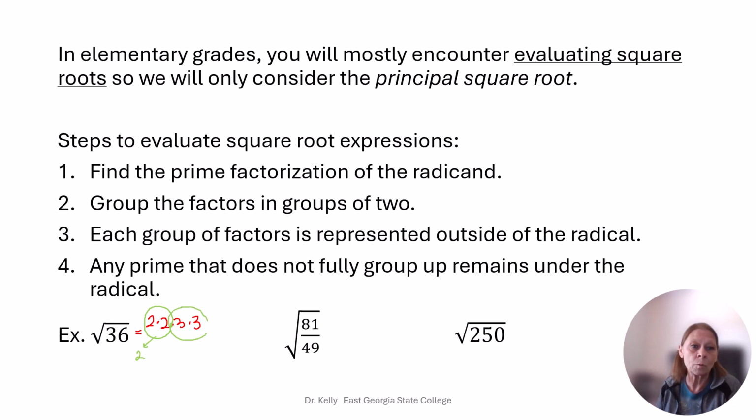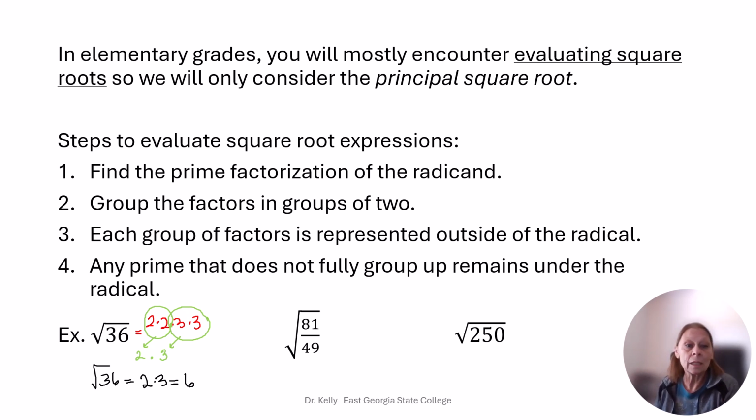And there's a group of 2 3's going to come out of the radical as a 3. And then they're all going to be multiplied together on the outside. So the square root of 36 is equal to 2 times 3, which is 6. Now another way we could look at that is looking at the squares, the fact that 6 times 6, and we'll talk about that here in a minute.